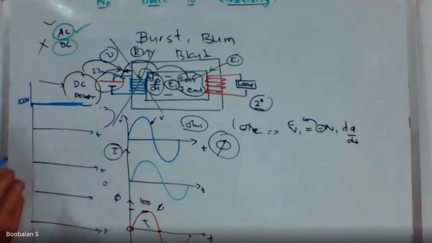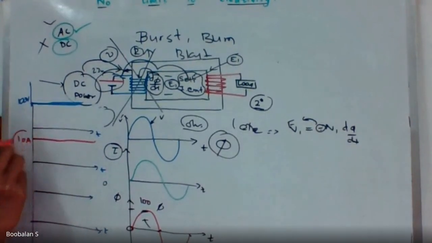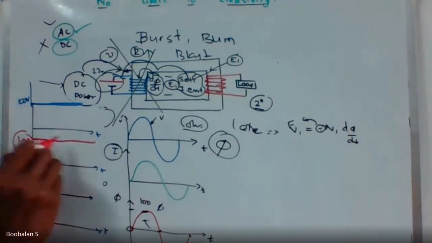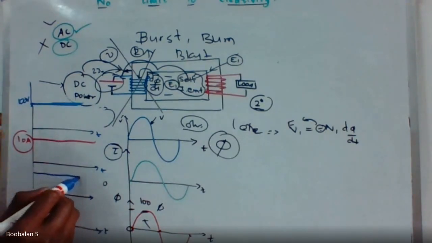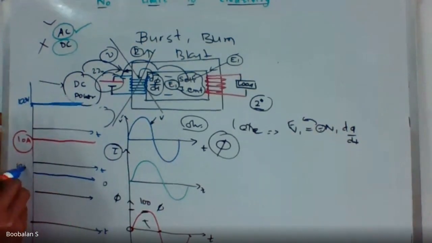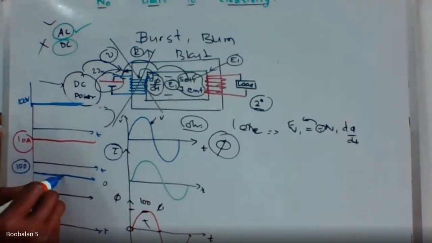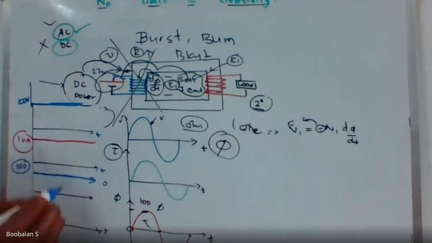There is no alternating nature. Definitely 100 volts will be a straight line. For the induced current, it will follow the same pattern as the voltage, for example 10 amps. I am just giving 10 amps. So the current will follow the same pattern as the voltage, right? Then the induced flux lines will also follow the same, for example 100 flux lines. So the flux lines will also be constant. It is not going to change because of the DC nature.